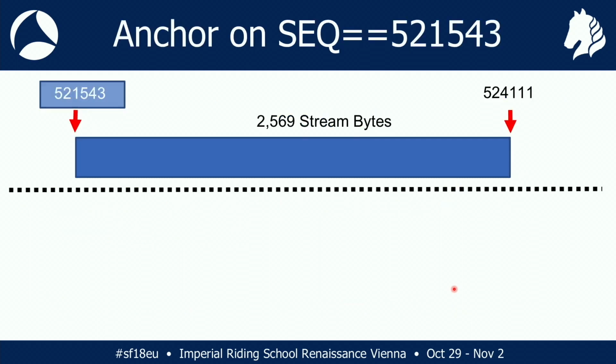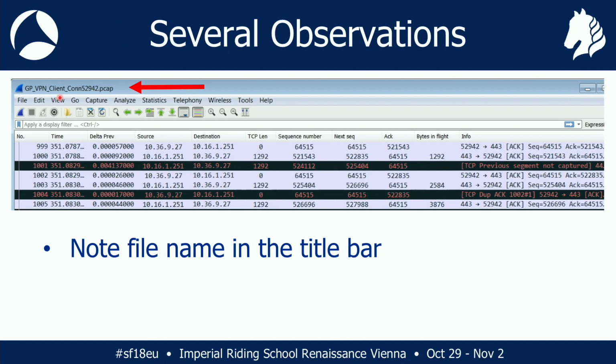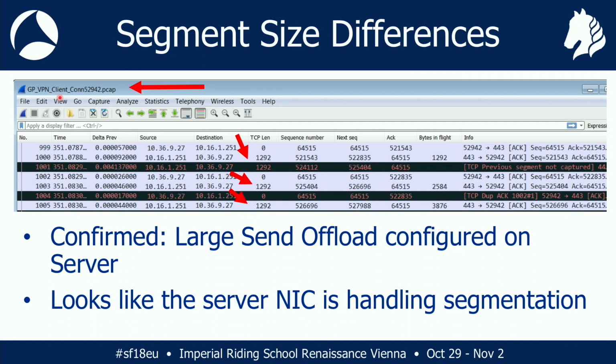Let's look at the client capture. So we're going to anchor, we're going to look for 521543 in the client capture. So we're back in the client capture now, and we can see that we have our file name. And notice that the packets that arrived at the client had a segment length of 1292.